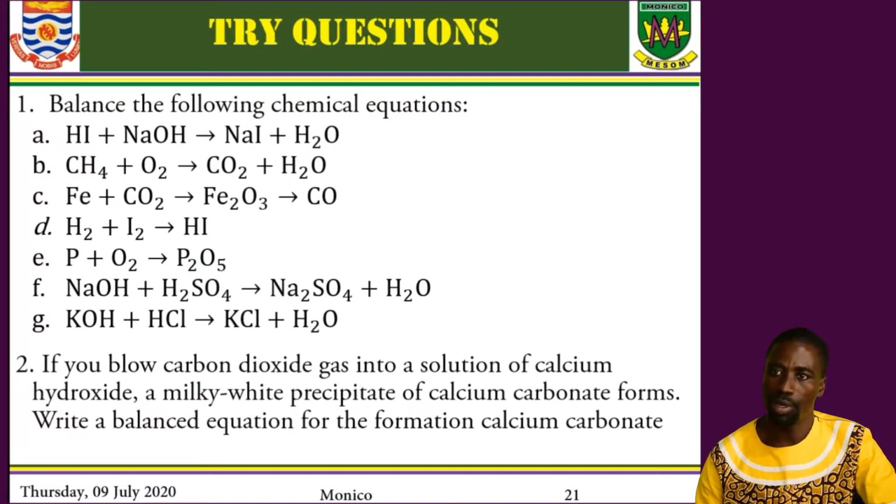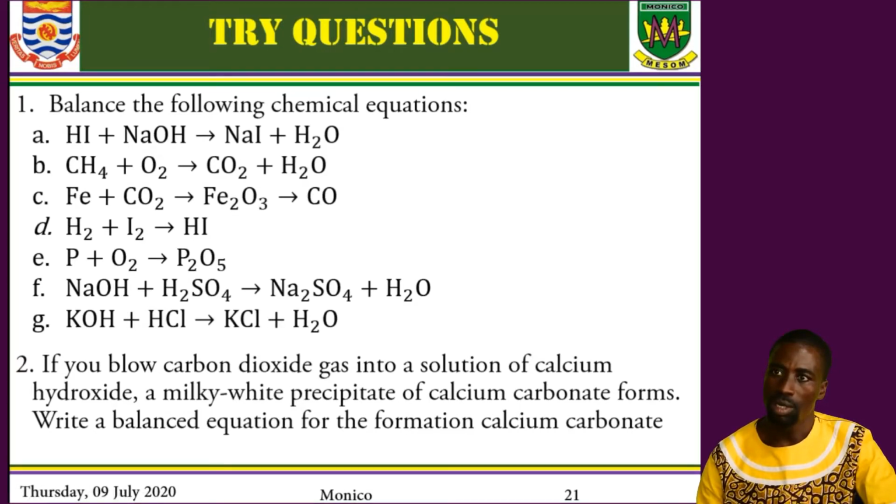In the previous discussion, we looked at how to write chemical formulas. Now we use that application in writing chemical equations, and then also balancing the equation as well. So if you're able to balance the equation, then it's good for you and for me. Right, so thank you very much. We'll meet again and discuss chemical reactions.